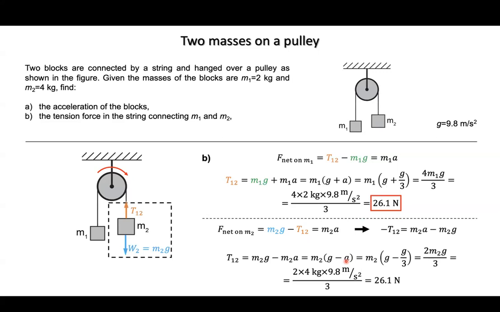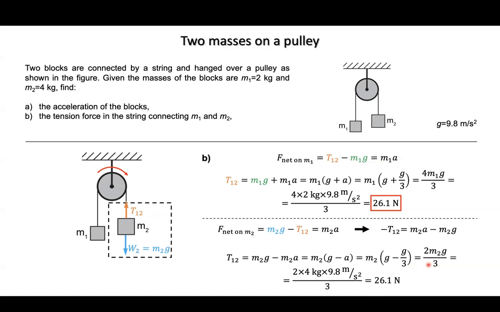And again, we already know what the value of acceleration is, so we plug in g over 3 instead of a, and we find the tension to be equal to 2 M2 g over 3.